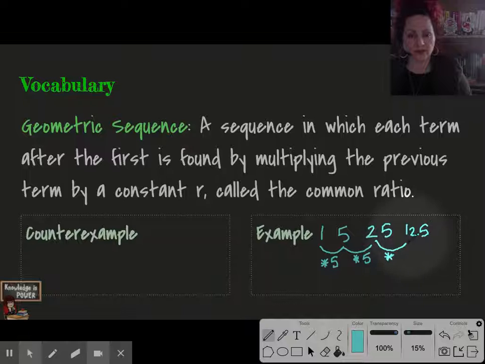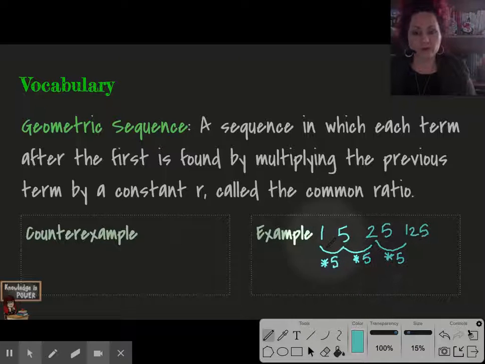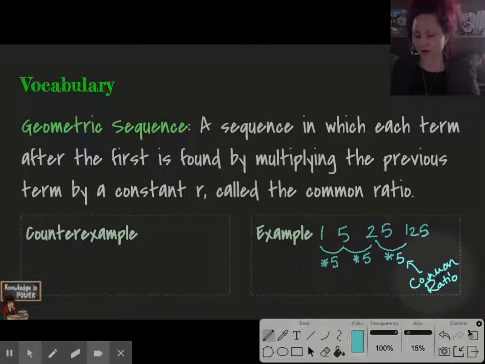125. Good. So this is essentially a geometric sequence when you multiply by the same thing. Now, what would your common ratio be? Our common ratio is whatever you're multiplying by, and in this case, it is actually 5. I'll show you in the next one another way to calculate that.